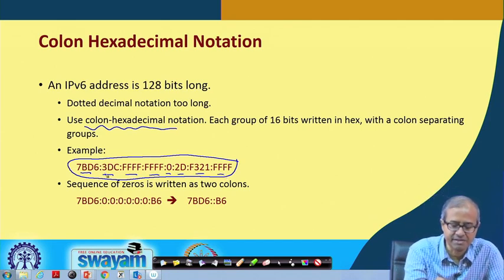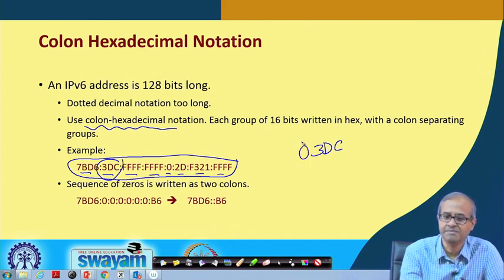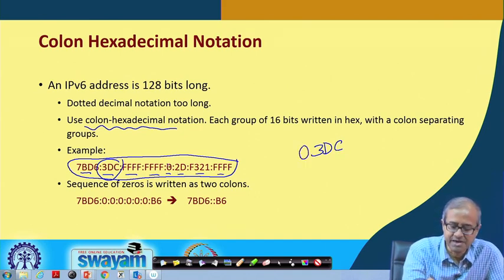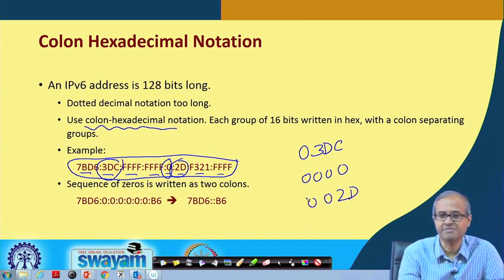For example, here I mentioned 3DC, which is not 4 digits, I mentioned only 3, it means there is a 0 before that. Similarly, I mentioned only 0 here, which means this is all 0, 16 zeros. 2D means there are 2 hexadecimal zeros before that. So, like this you can specify.